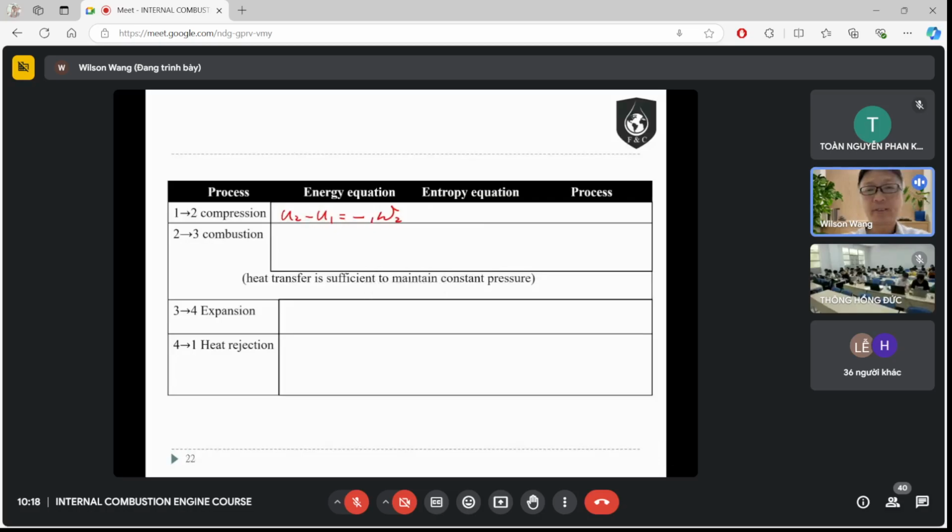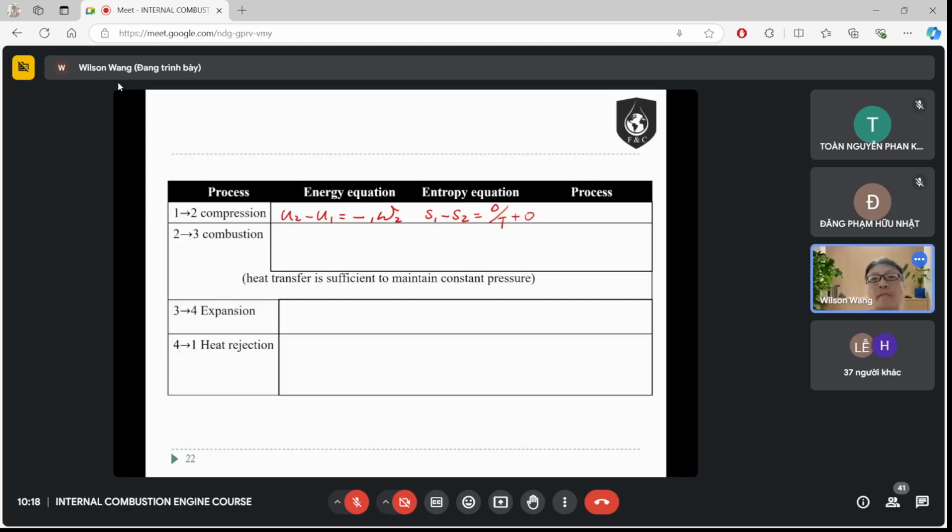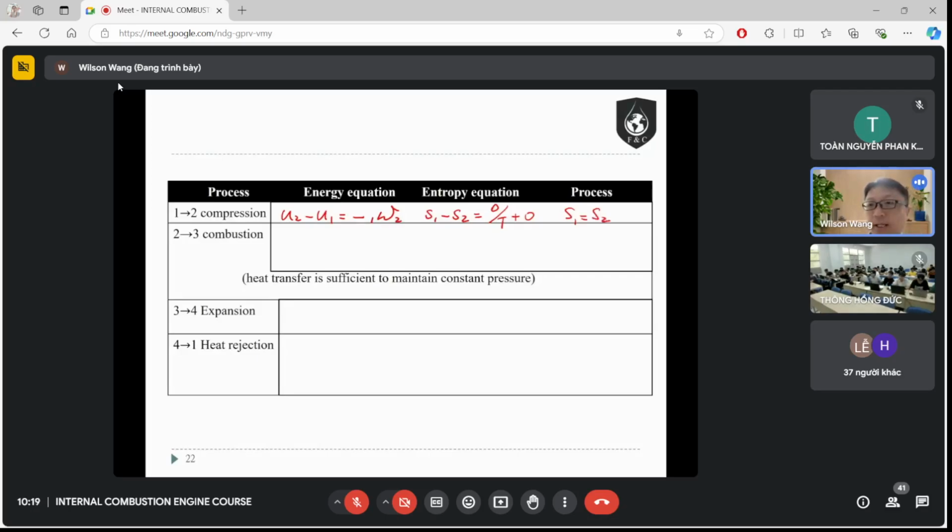The entropy equation is S2 minus S1 equal to the integral of 0 over T, plus 0. So you can say I have constant entropy, an isentropic process, and no heat input. And then 2 to 3 is the combustion process.